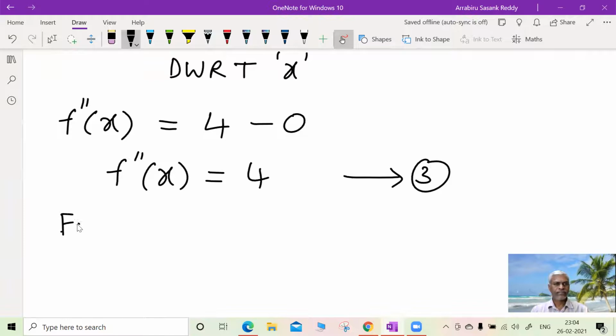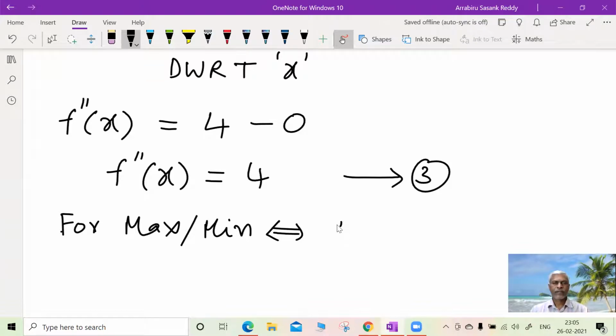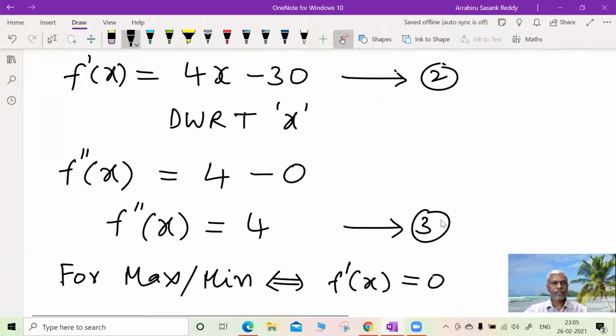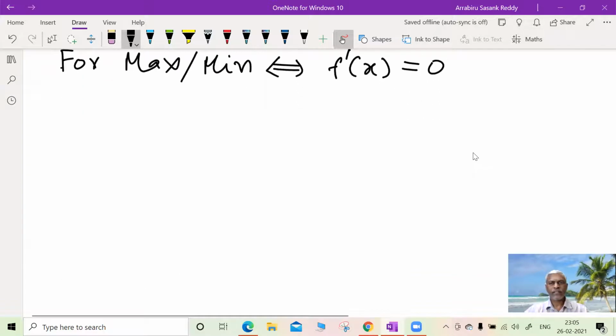Now, for maximum or minimum, f dash x should be equal to 0. The first derivative should become 0. That is equation 2: 4x minus 30 is equal to 0.